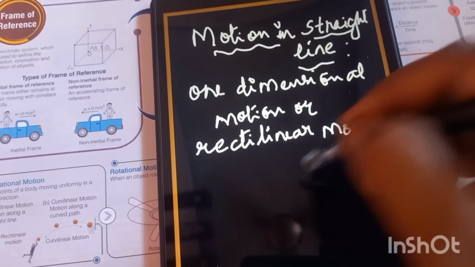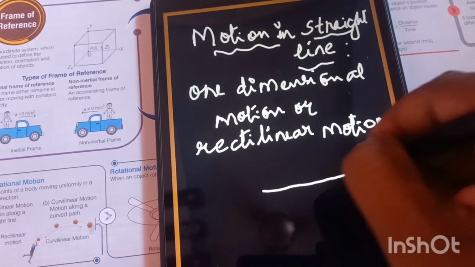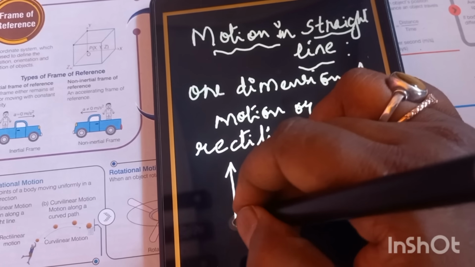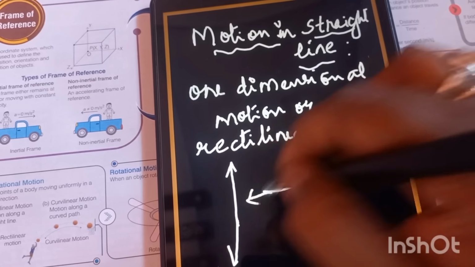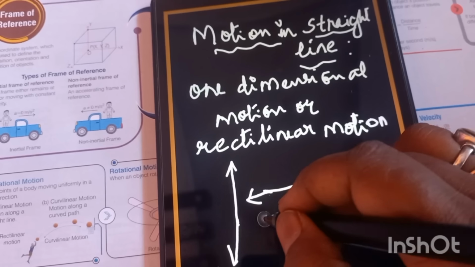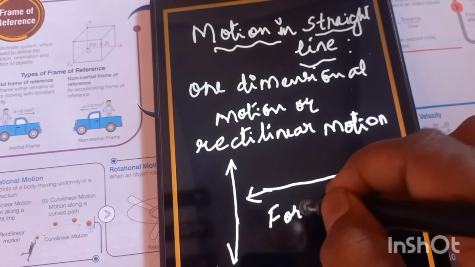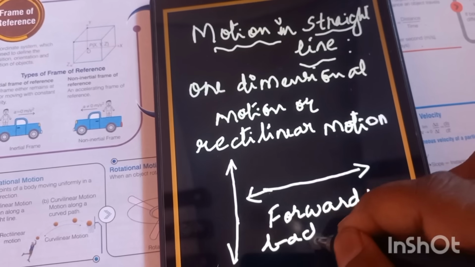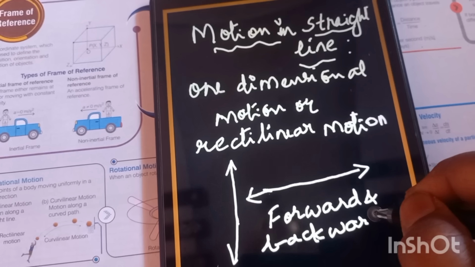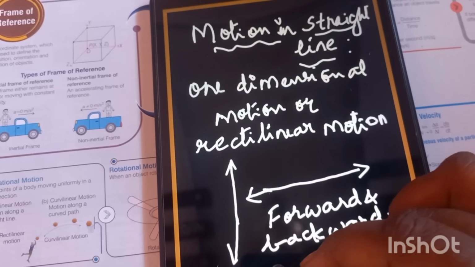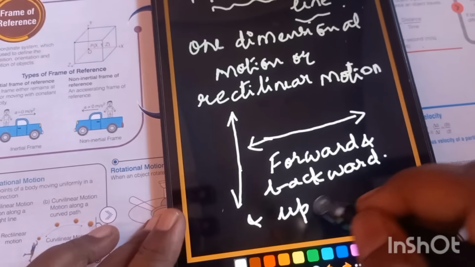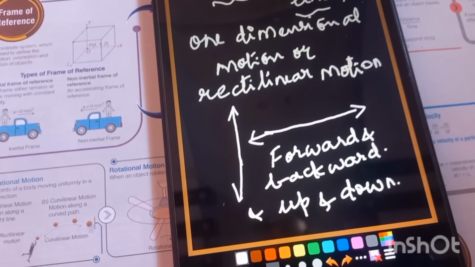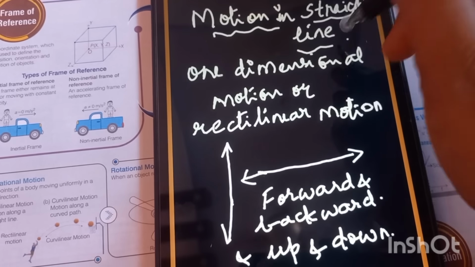Okay, so it has only either a straight direction, or up and down, or forward and backward. So it has forward and backward motion, and up and down. Okay, so this is the basic information that you need for the motion in straight line.